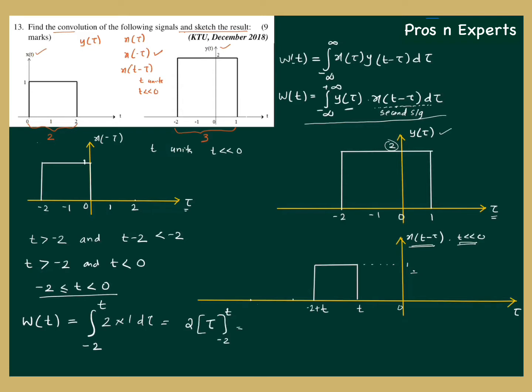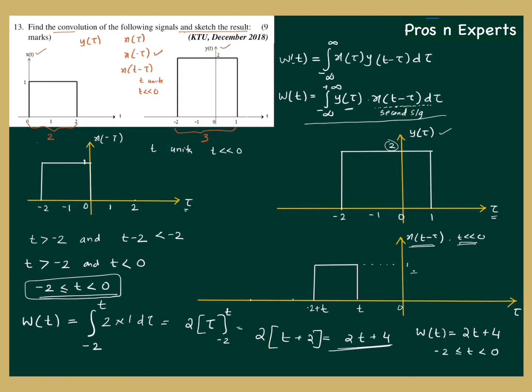That gives you 2 into t plus 2, which is equal to 2t plus 4. So this gives an insight into the output, that w of t is equal to 2t plus 4, where we have already derived the condition that -2 is less than or equal to t less than 0.